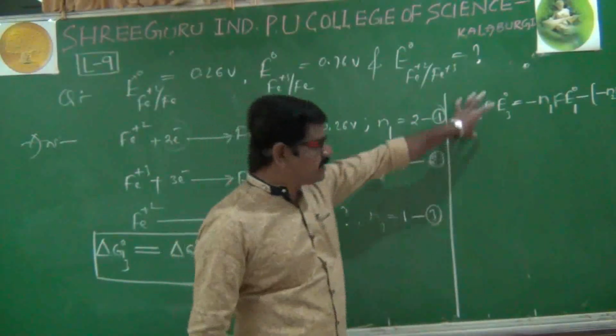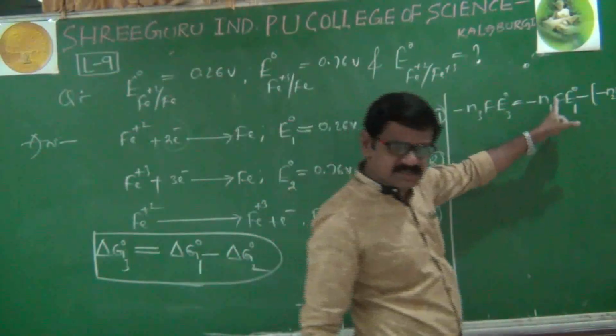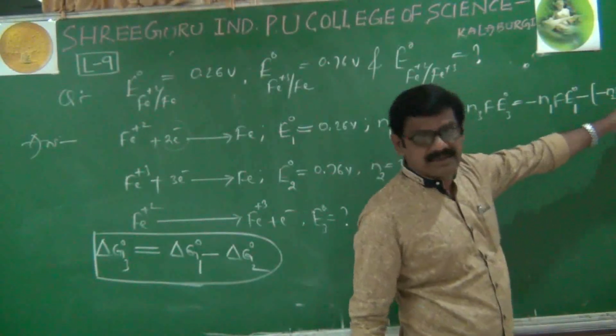Delta G naught 3 equals delta G naught 1 minus delta G naught 2.